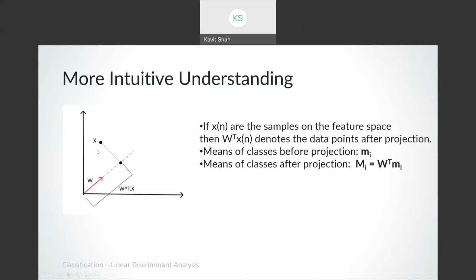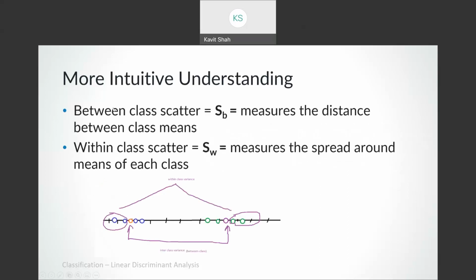Then suppose the mean of the classes C1 and C2 were initially mi, then after the projection, the mean of the classes would become w transpose times mi, which is the same as what we did for calculating the data points earlier. Now we make use of a scatter matrix in LDA, which is basically an estimate of the covariance matrix.